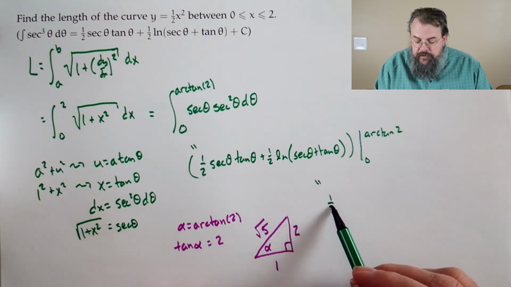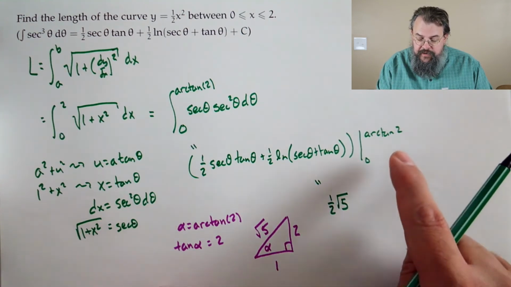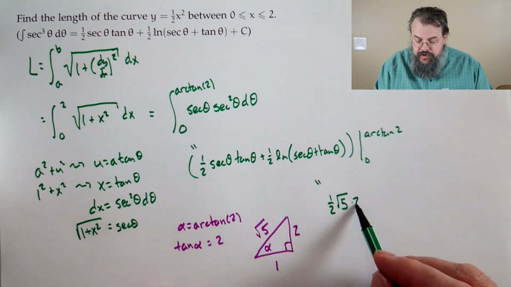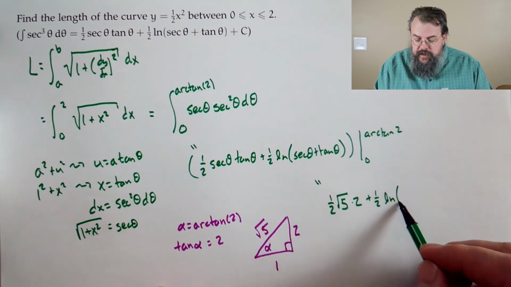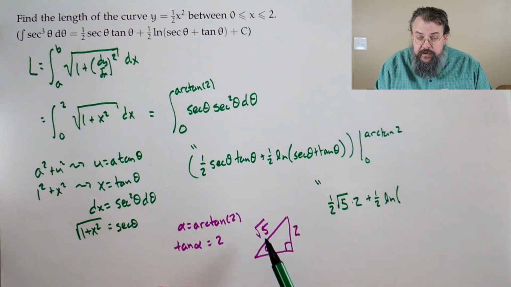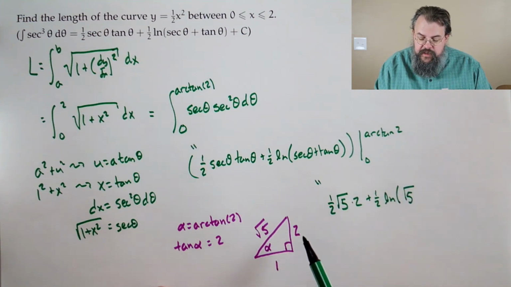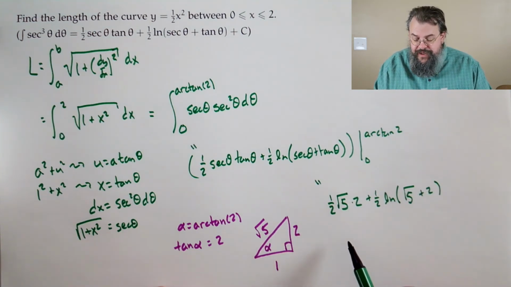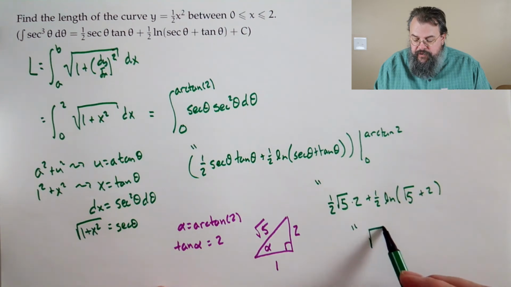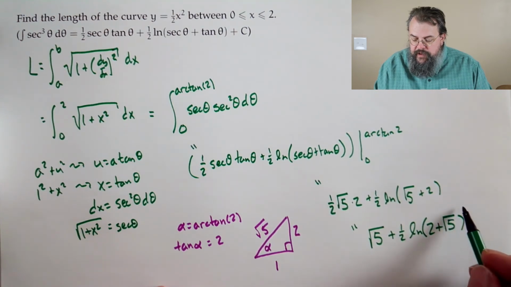So we have 1/2 times square root of 5 times tangent of arctangent of 2, which is 2, plus 1/2 log, and now secant, still hypotenuse over adjacent, square root of 5, and tangent, still 2. Well, the 1/2 and the 2 cancel, so we end up with square root of 5 plus 1/2 natural log. Well, I'll write it as 2 plus square root of 5.